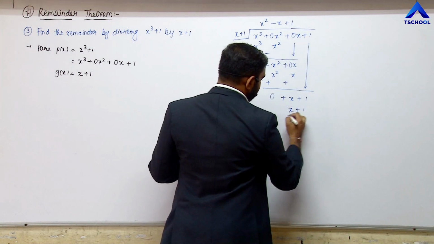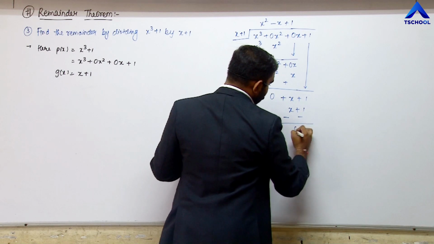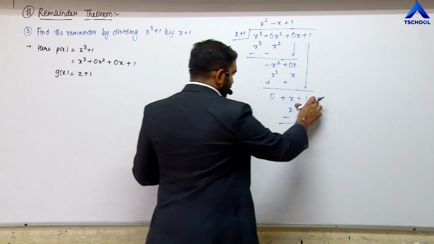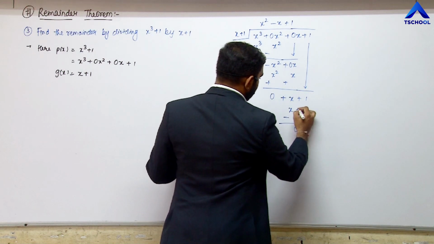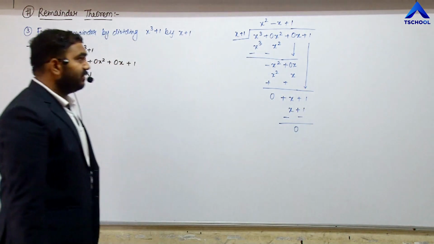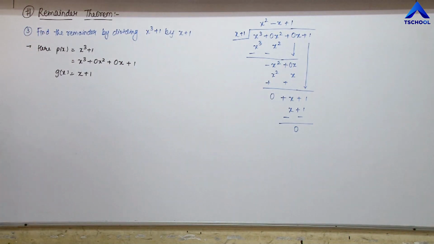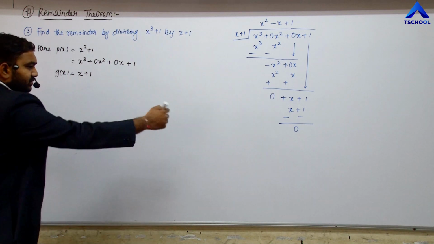That becomes x plus 1. Both the signs will be changed, and hence you can see that the remainder here is 0, right? Note that, friends, when I got the division here, the remainder is 0. That means x cube plus 1 when divided by x plus 1 gives me a remainder 0.